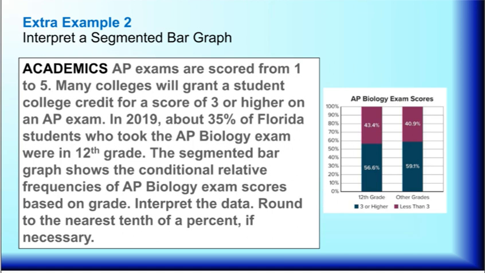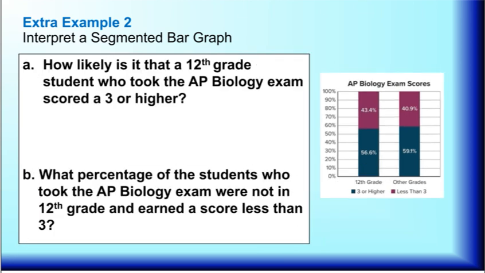So we want to keep in mind that 35% of those who took the AP exams were 12th graders. So I'm going to put that up here, 35% 12th grade. How likely is it that a 12th grade student who took the AP biology exam scored a 3 or higher?